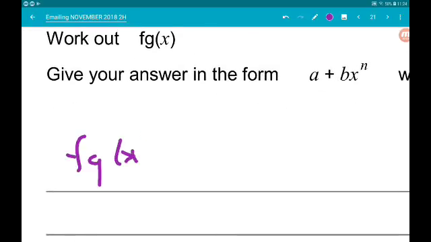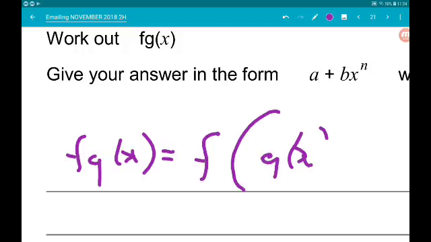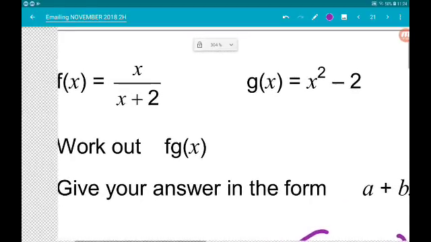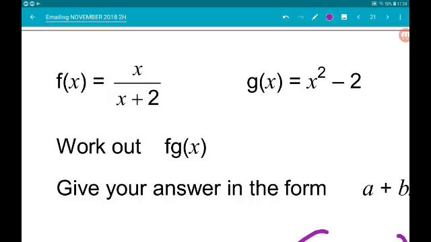Okay, so f g of x means f of g of x. So we are putting the g function into the f function. If you like, the f function is eating the g function. So the x in f of x, or anywhere that there is an x, it becomes x squared minus 2.